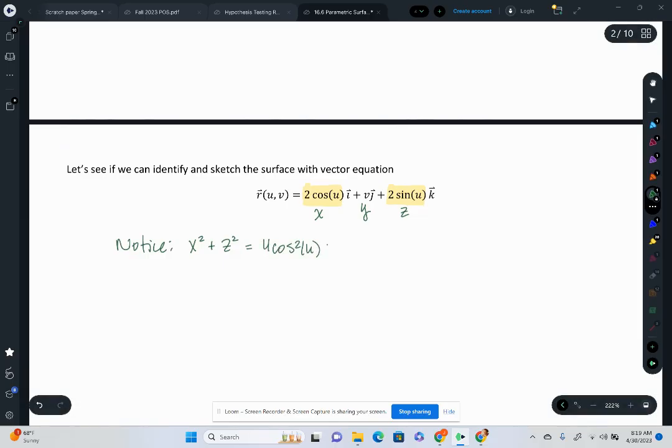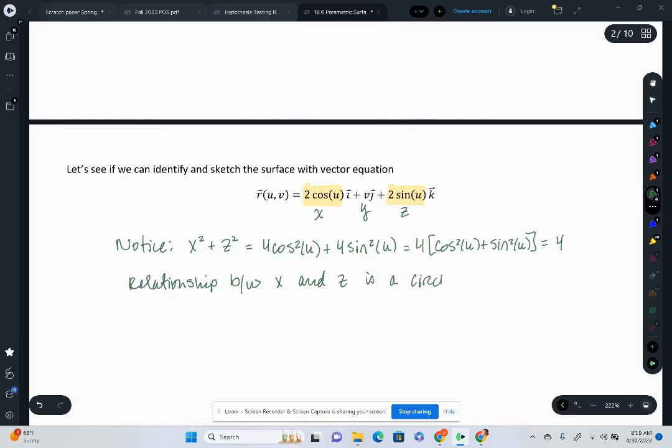And if I square the z, I get plus 4 sine squared of u, which is 4 times cosine squared of u plus sine squared of u. And cosine squared plus sine squared is 1, so I just get 4. Okay, so what we have is the relationship between x and z is a circle of radius 2.